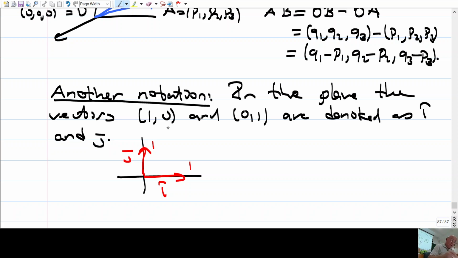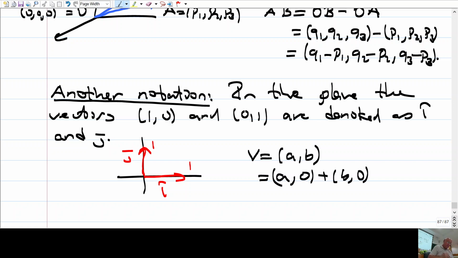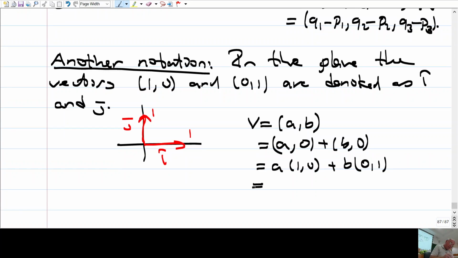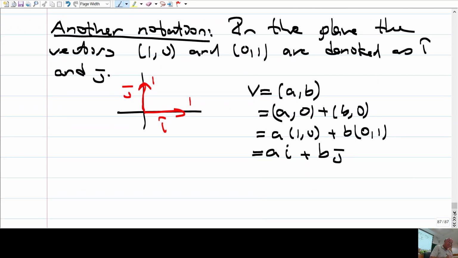And in general, suppose we have a vector with coordinates A and B, I can write it like this. This is A comma 0 plus 0 comma B, and this is just A times 1 comma 0 plus B times 0 comma 1. And we write it like this: A times I plus B times J. Okay?